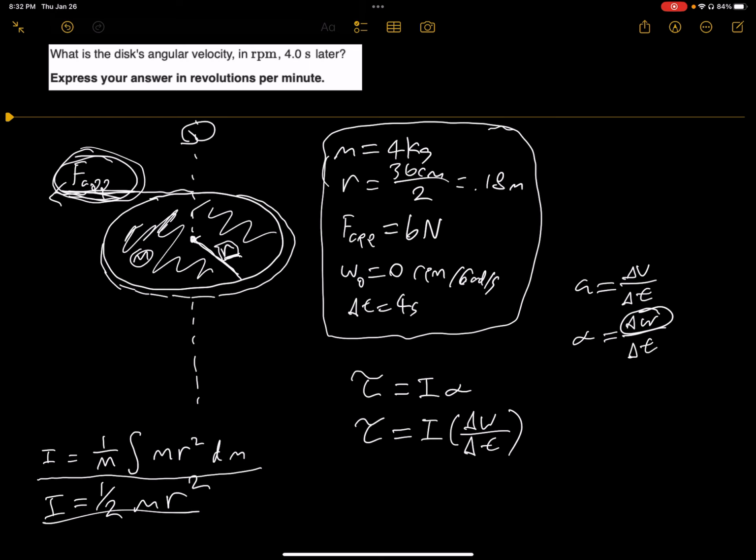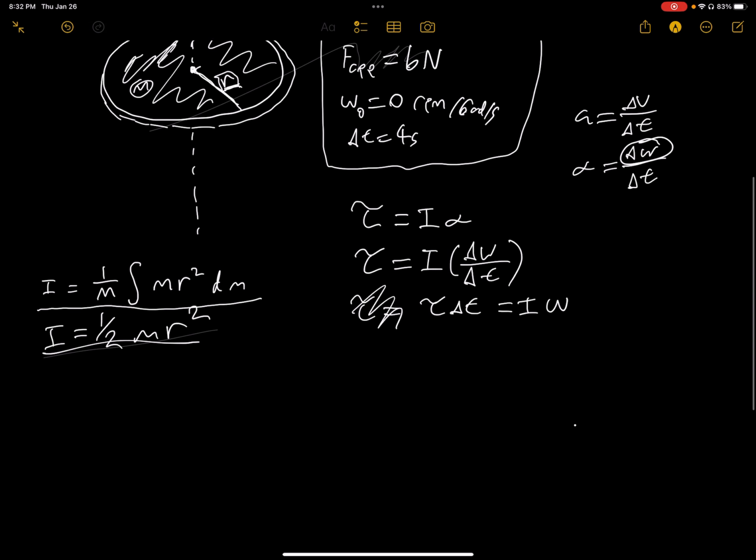And so we have torque times delta t equals I omega. We're solving for omega, so then we get omega equals torque delta t over moment of inertia.